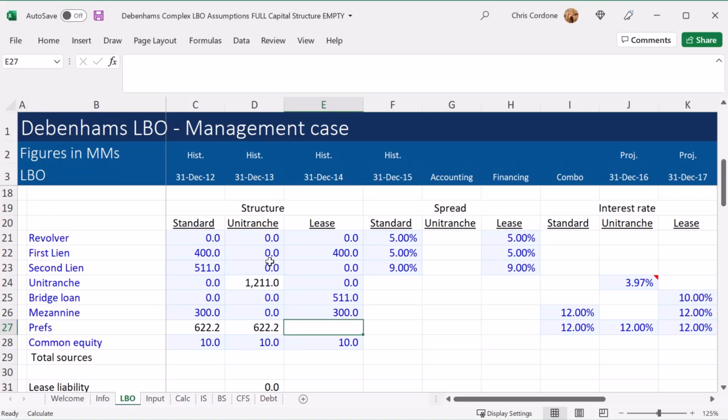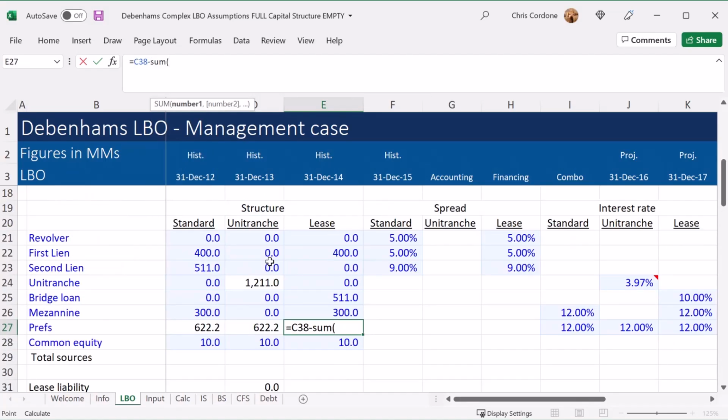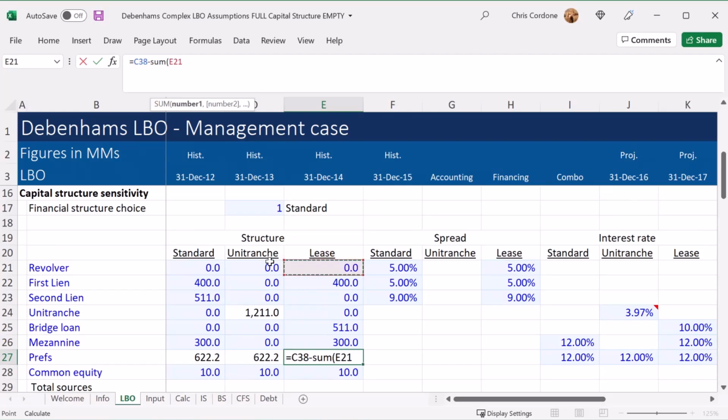So because of that, there's a push to do something about those assets, and in this case, they're basically going to sell them on the market to create more value, and then lease them back. So at this point, we'll just simply do the calculation as, again, the total uses minus the sum of the first lien, the bridge loan, the mezzanine, and the common equity.